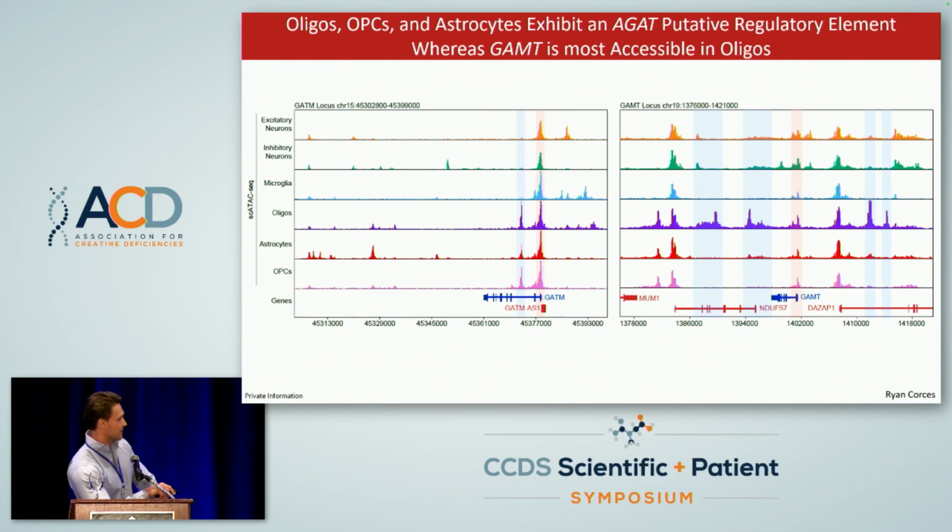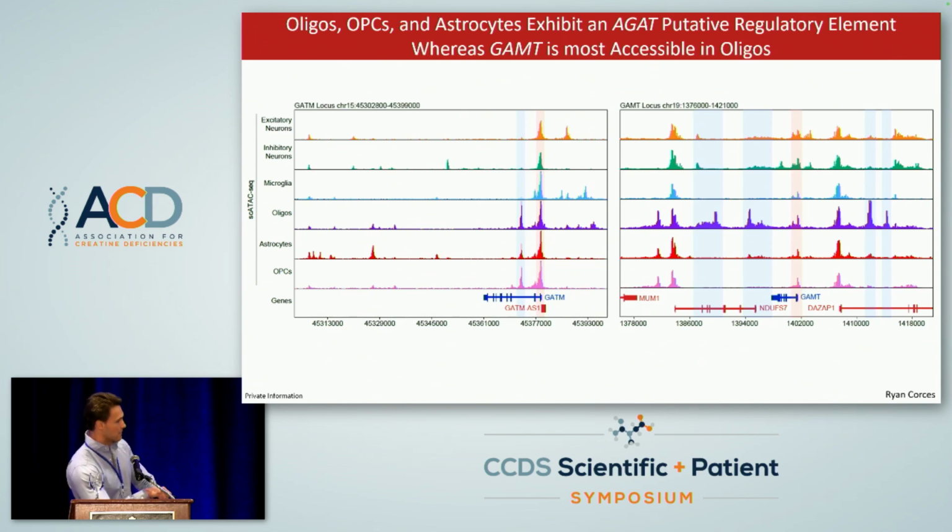But suffice it to say that within the oligo lineage and the OPC lineage, particularly with feedback inhibition of something like expression of GAMT, there's this giant peak here, which is in the second intron of GATM, which encodes AGAT. That is accessible only in the oligo and OPC lineage, a little bit in astrocytes, but is not accessible in neurons and microglia or other cell types.